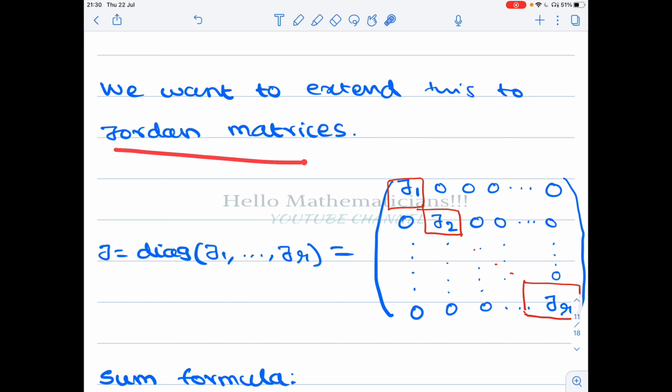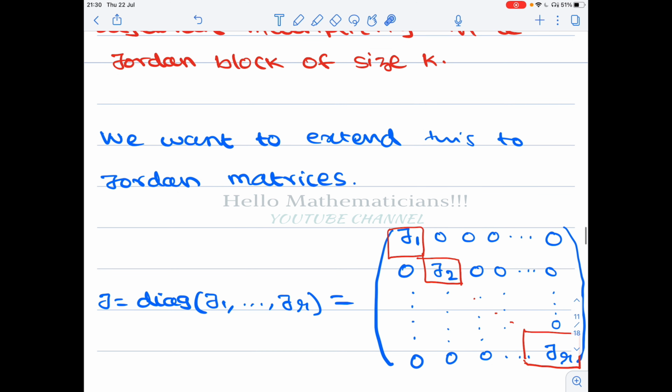Such matrices are called Jordan matrices. So we know the algebraic and geometric multiplicity of Jordan blocks. Now we want to understand the algebraic and geometric multiplicity of Jordan matrices.